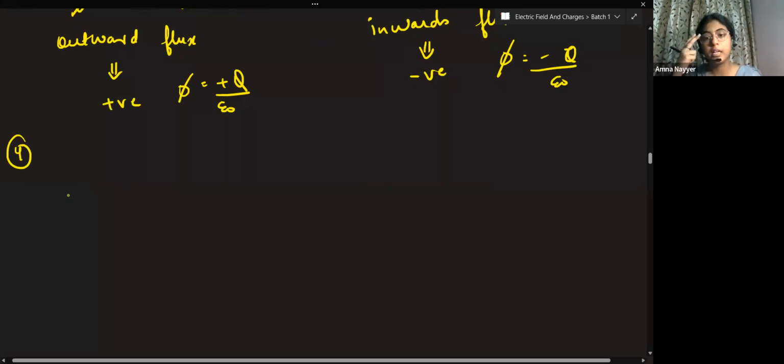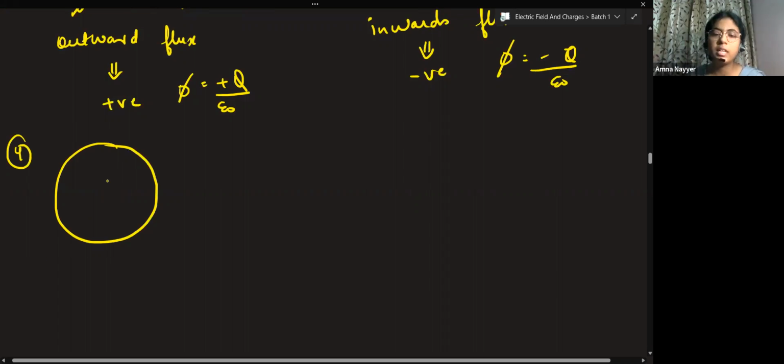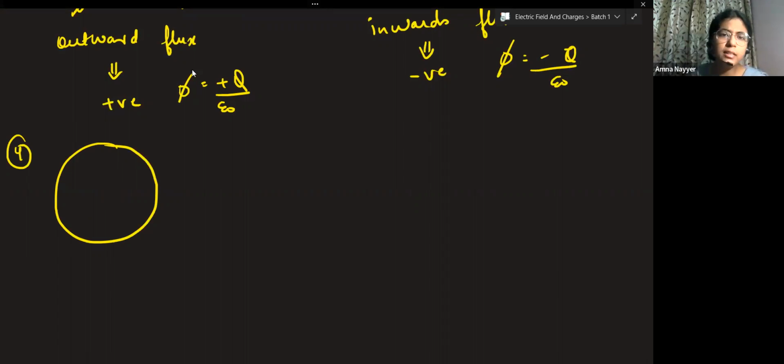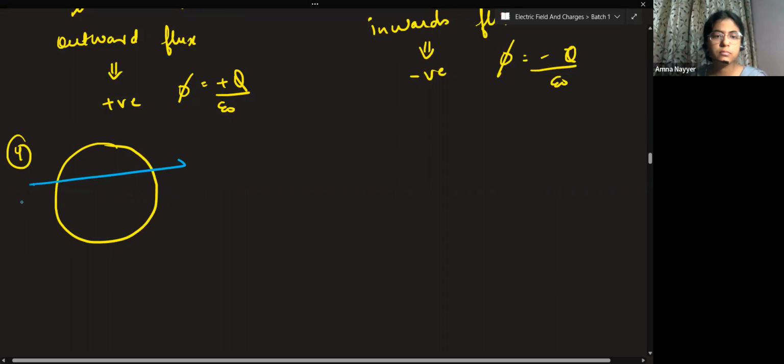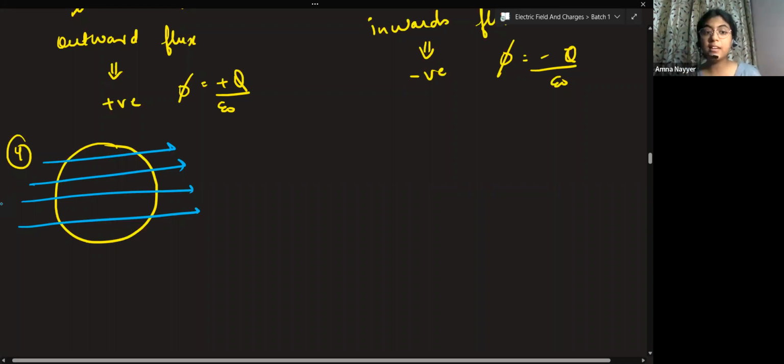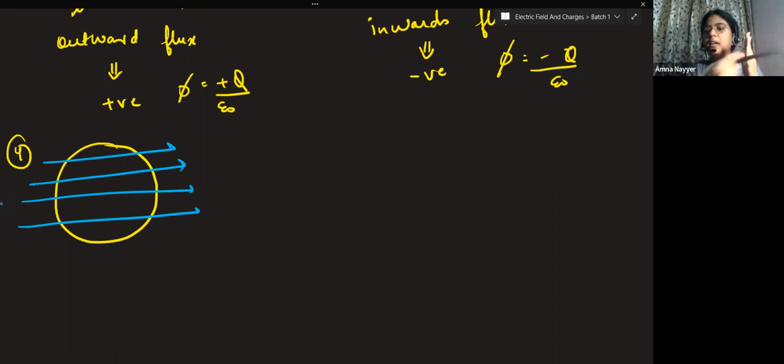Come back. See, if you have the surface with you, let's say this is the surface that you have. What if the electric field lines are just crossing the surface? Electric field lines are just passing by the surface. Means no electric field line is entering the surface. It is just passing by it.